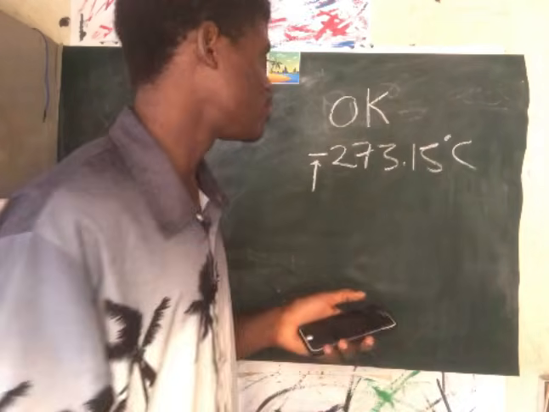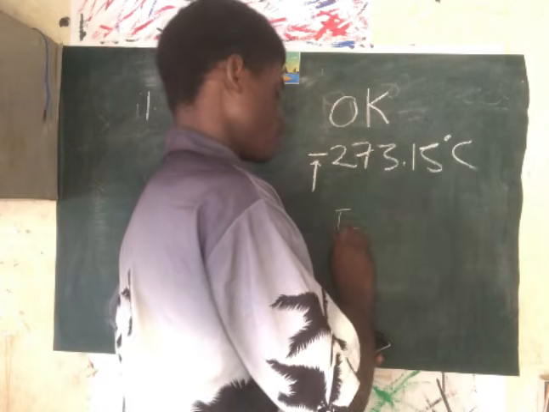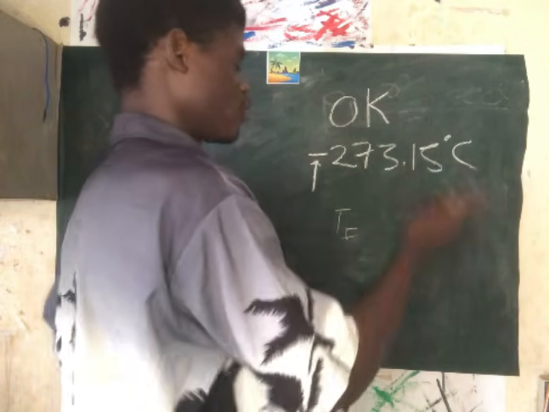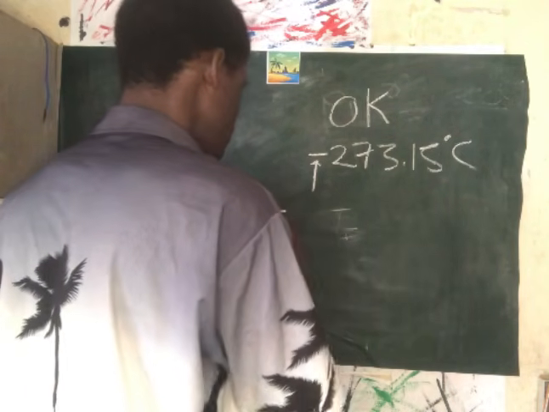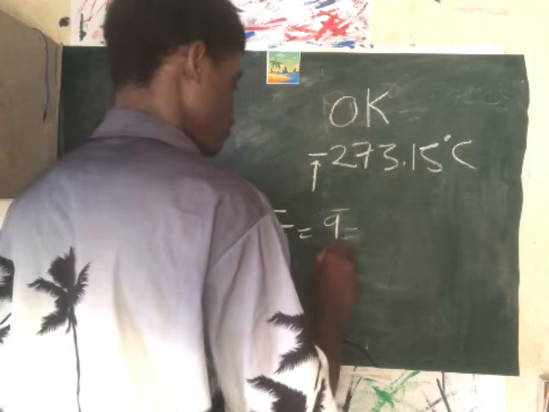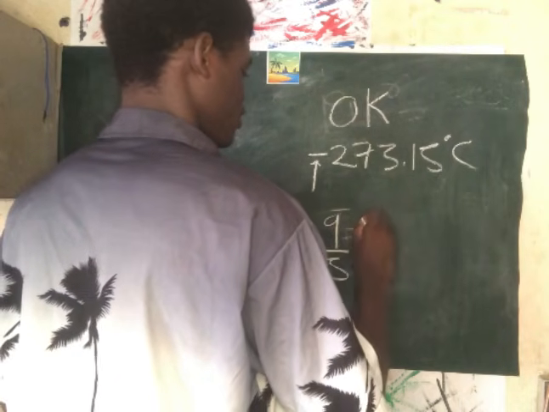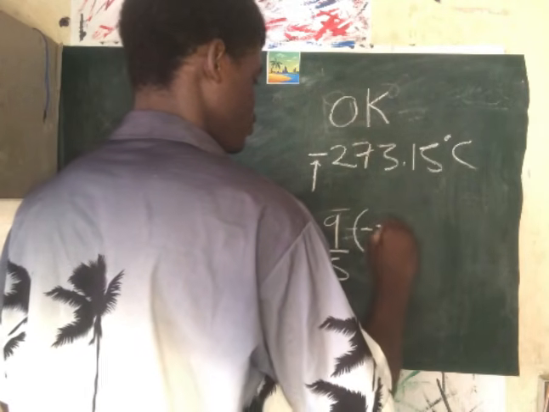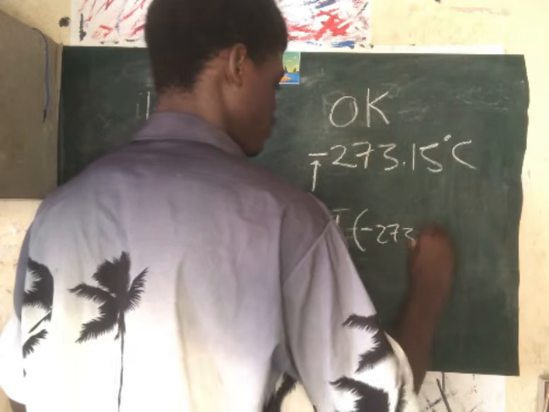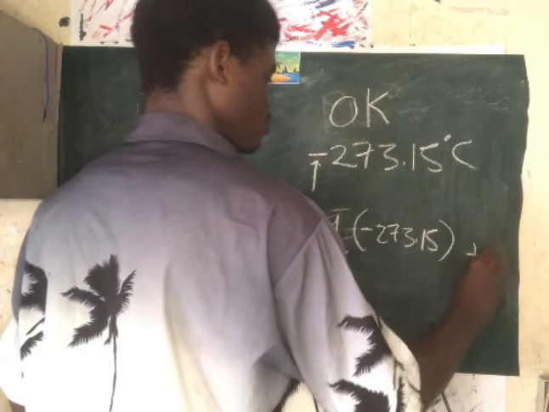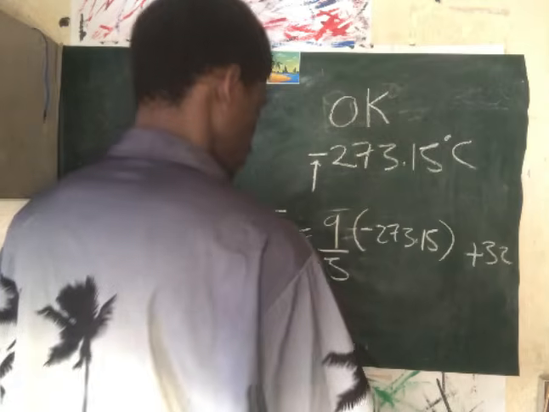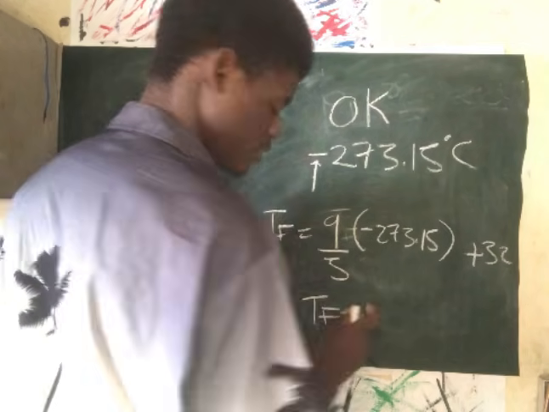Sometimes they might also put the answer in Fahrenheit, so you just need to convert your degree Celsius to Fahrenheit. Let's do that. Now TF is equal to 9/5 times minus 273.15 plus 32. So that will be in degree Fahrenheit.